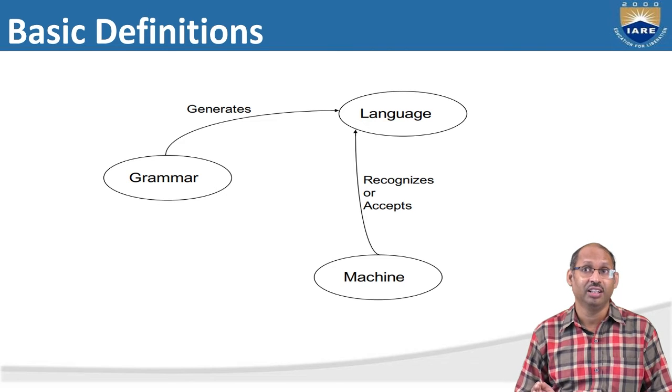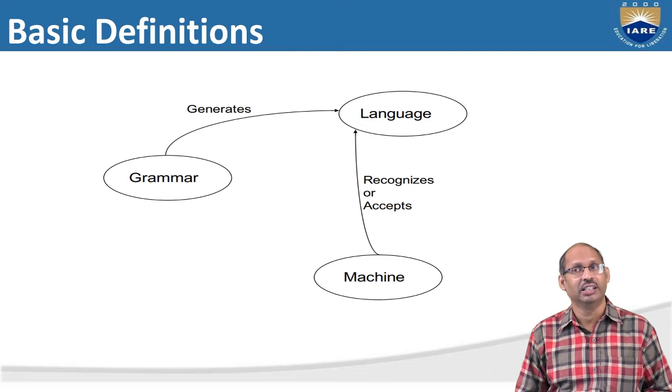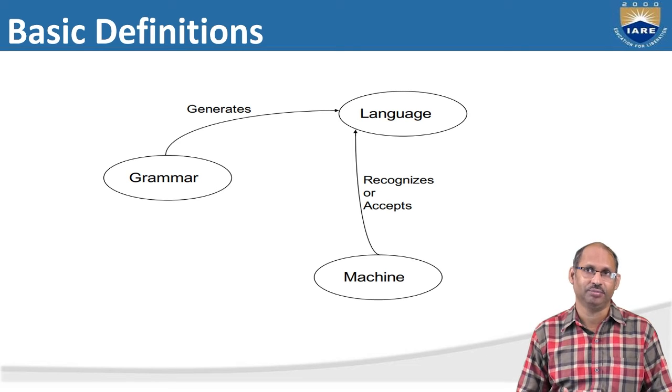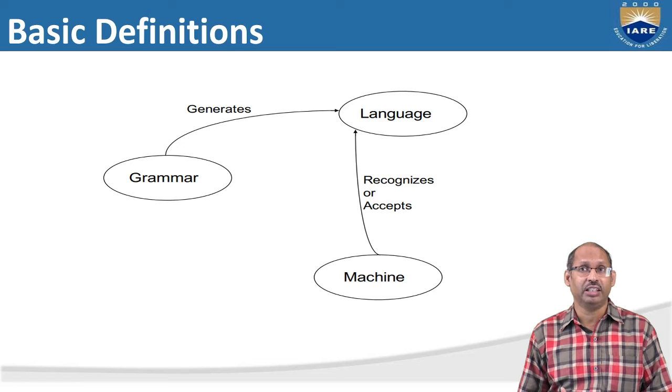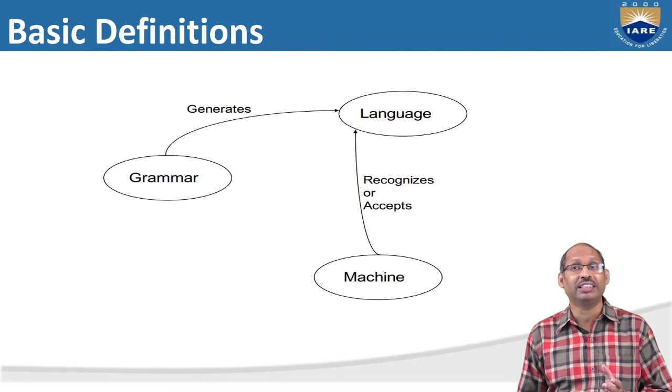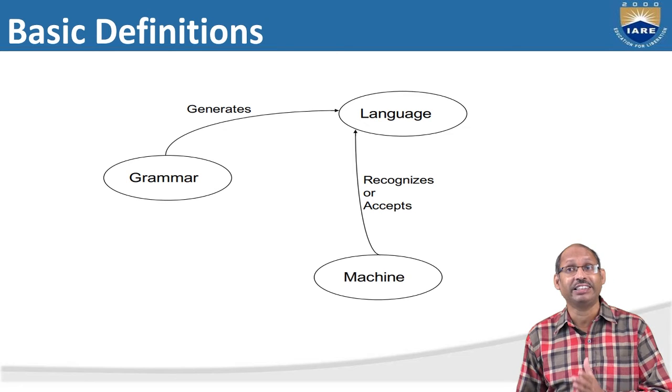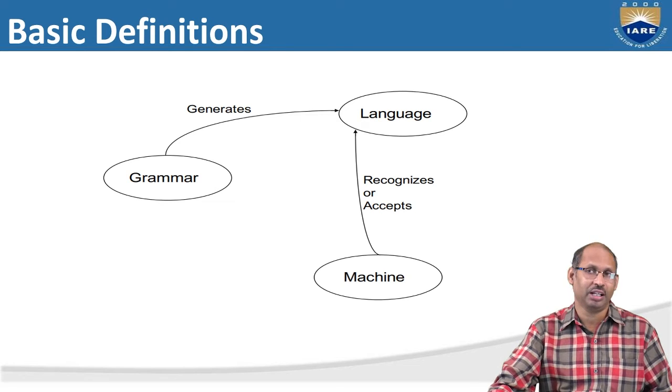The strings are generated from a grammar. Right? Regular grammars, context-free grammars, like that. These languages will be accepted by some machines. If it is a regular grammar, accepted by finite automata. If it is a context-free grammar, accepted by push-down automata.